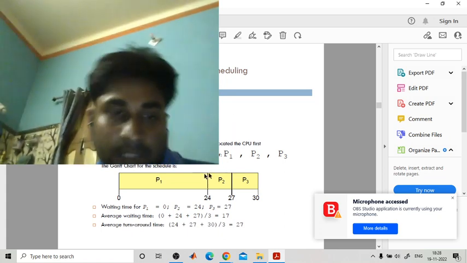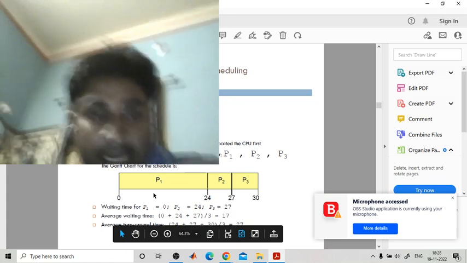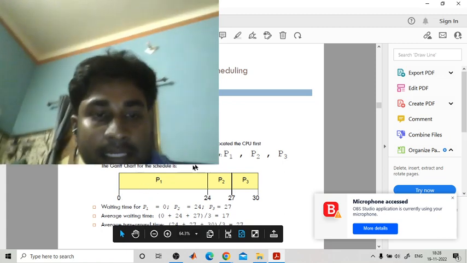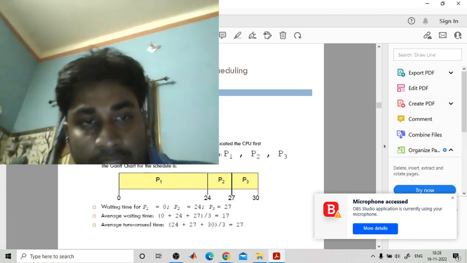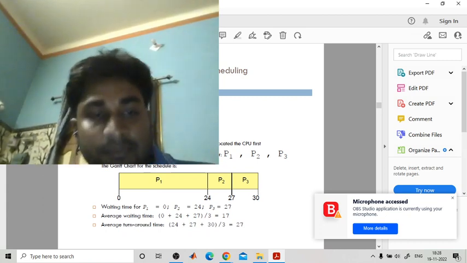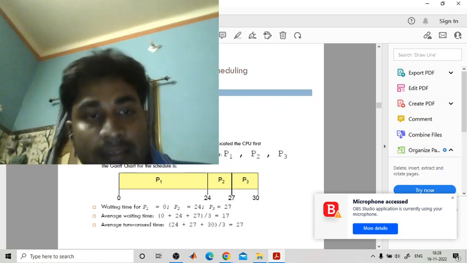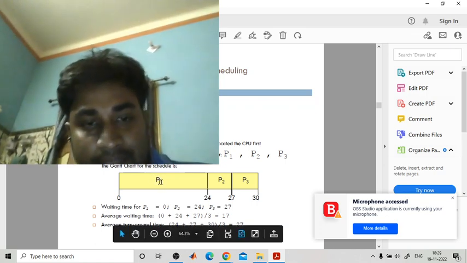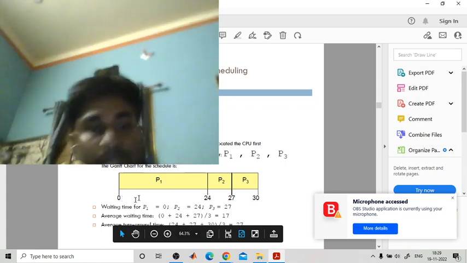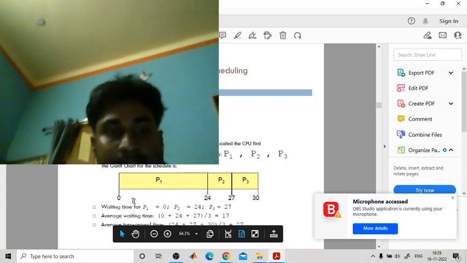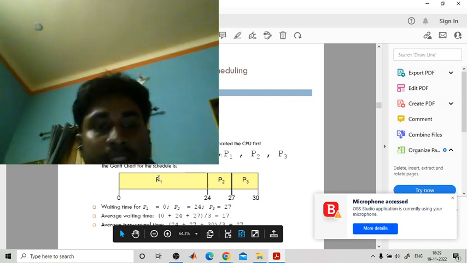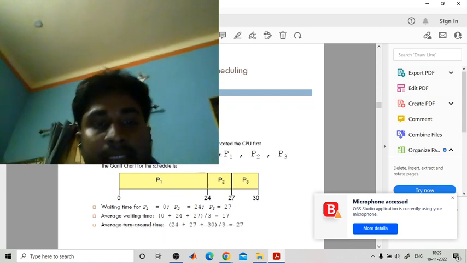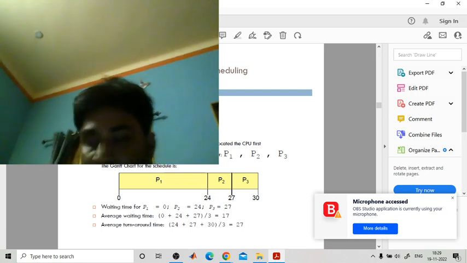Now, process P1 came first, so it is first come first serve, meaning that the process that comes to the ready queue first will be given for execution first. So P1 is given first here. From 0 to 24, we can see that for this entire burst time P1 is executing, and P2 and P3 are waiting in that time.